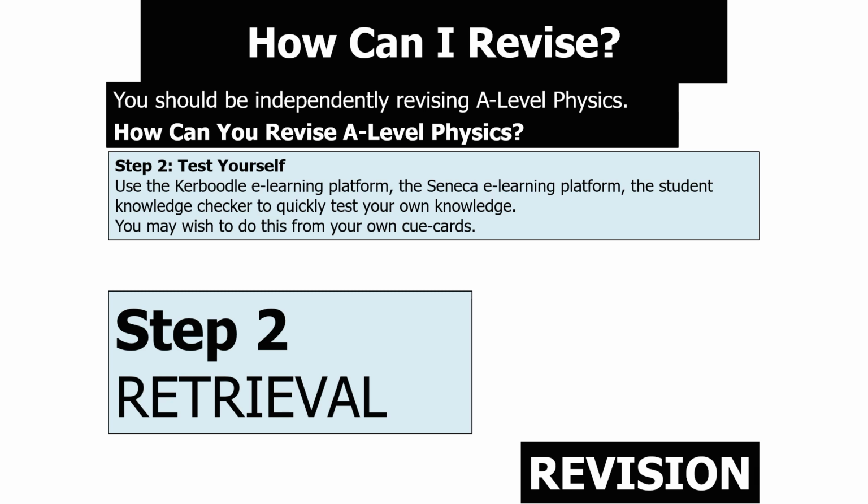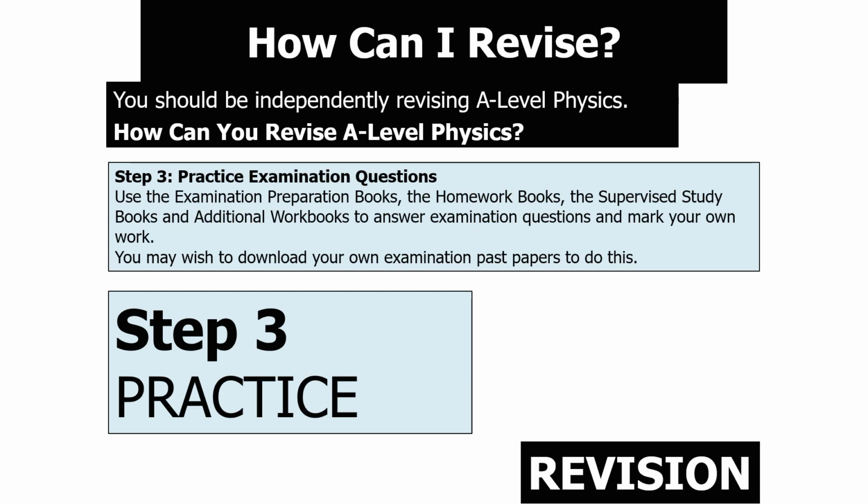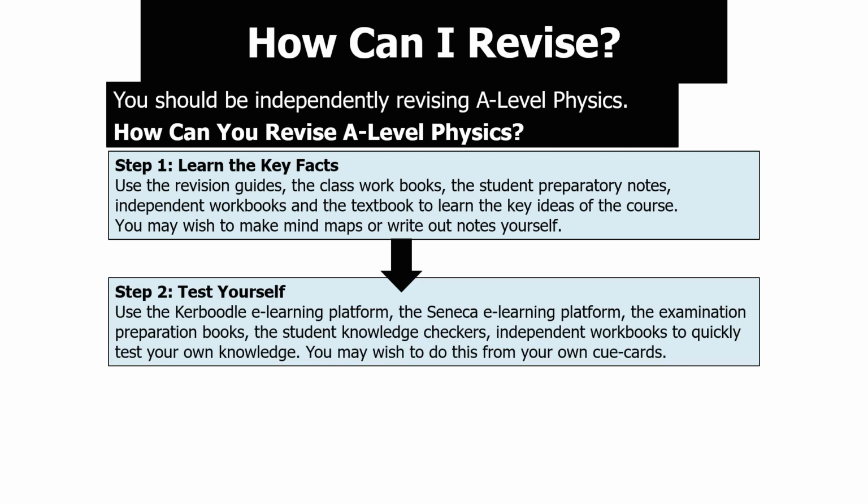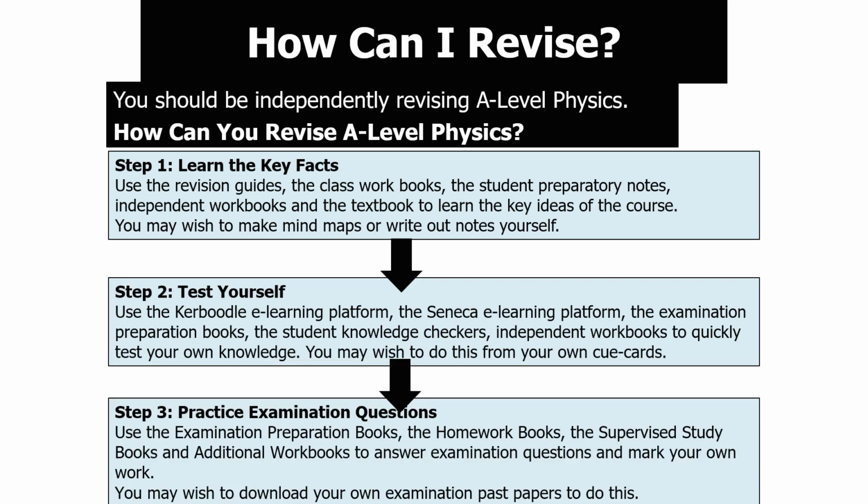And you may wish to do this from your own cue cards. The third step is to practice examination questions. So use exam prep books, homework books, supervised study books, additional workbooks to answer examination questions and mark your own work. And you may wish to download your own examination past papers to do this. So the three steps of learning the key facts, testing yourself, and then practicing examination questions are how you should be revising for your A-Level Physics.